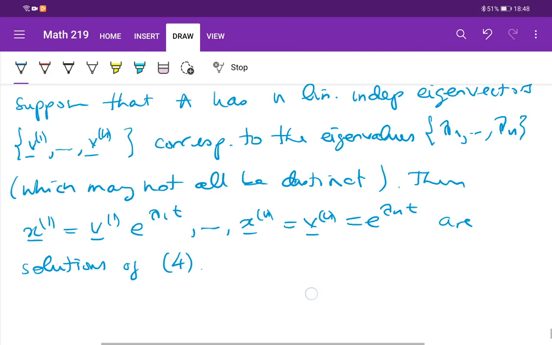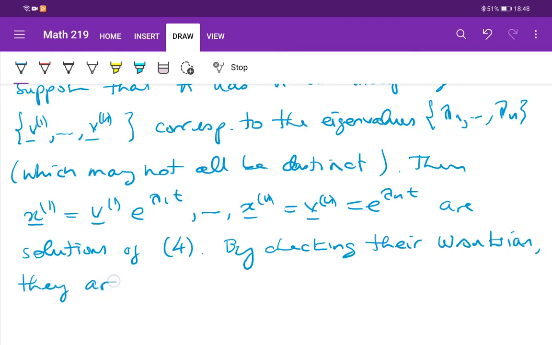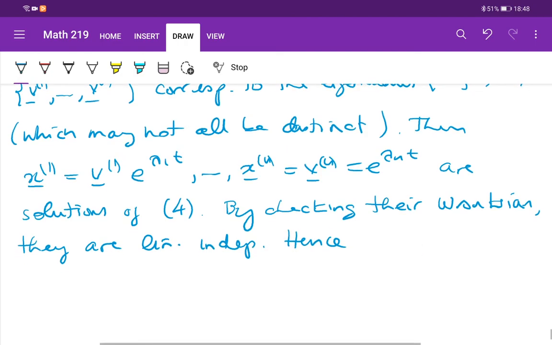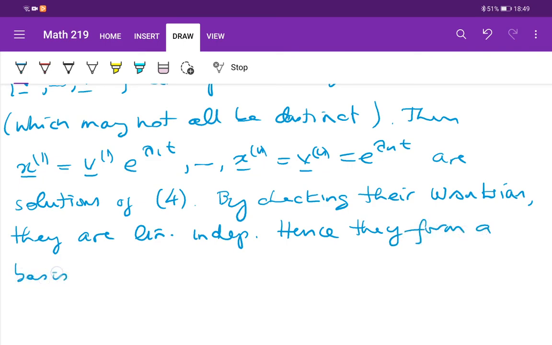Moreover, they're linearly independent, by checking their Wronskian. Hence, they form a basis for the space of all solutions.